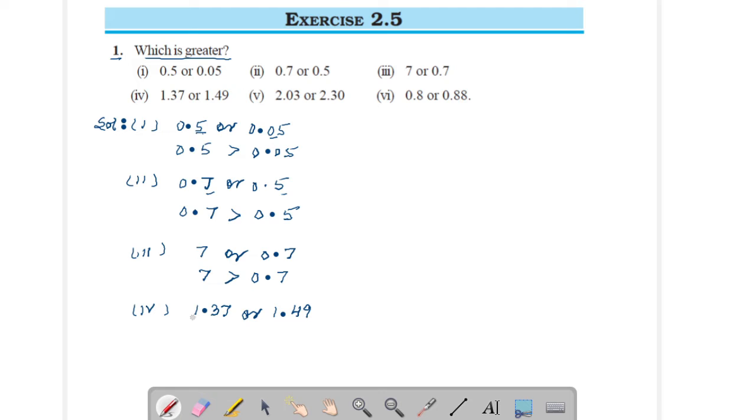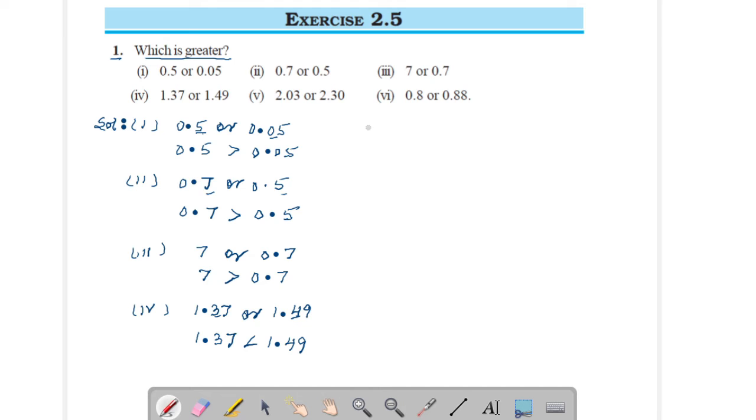Here ones digit is 1 and 1, it is same. Now after decimal, first digit, that is tenth place. Here it is 3 and here it is 4. Which number is greater? That is 4 is greater than 3. So we can say that 1.37 is less than 1.49.